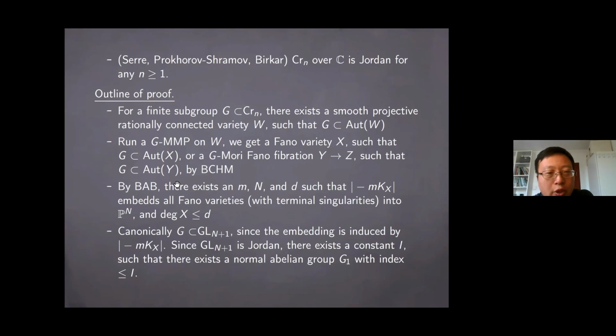Then by BAB, we know that these terminal Fano varieties form a bounded family.